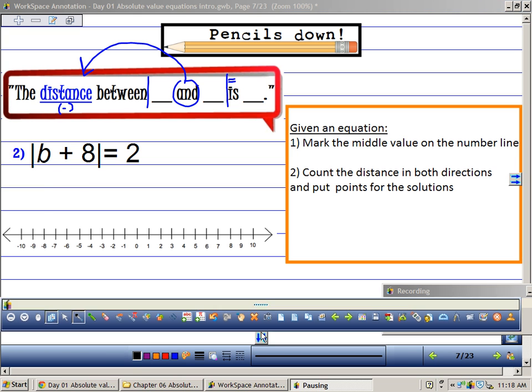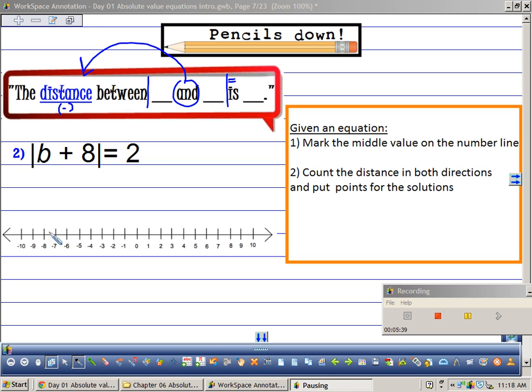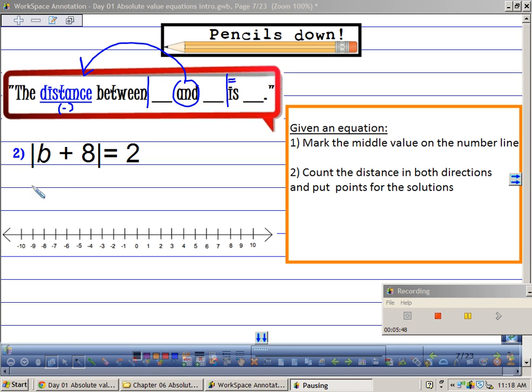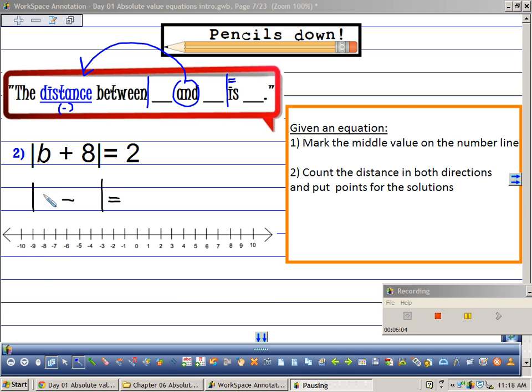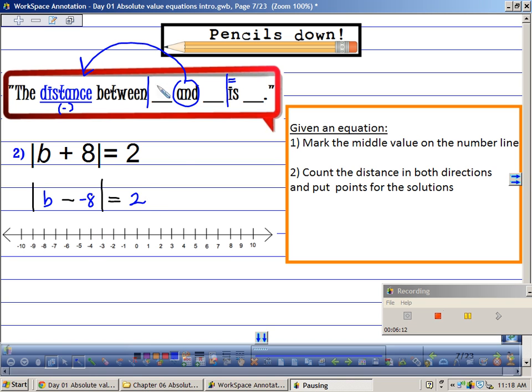So the first thing I'm going to do is write, remember how we called them skeletons when we had the slope formula? I'm going to do the same kind of thing for absolute value. I know absolute value is in these lines right here. I know it's the difference between two numbers equals something. So the difference between B and -8 is 2.